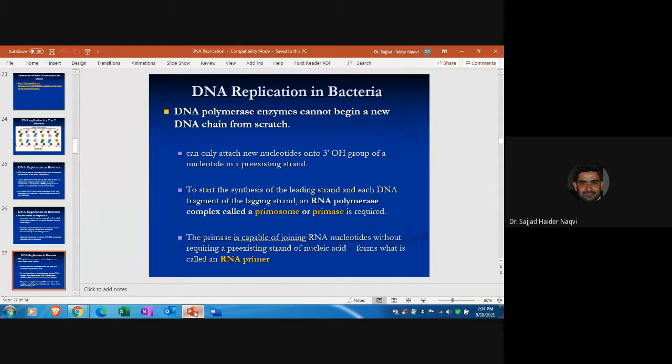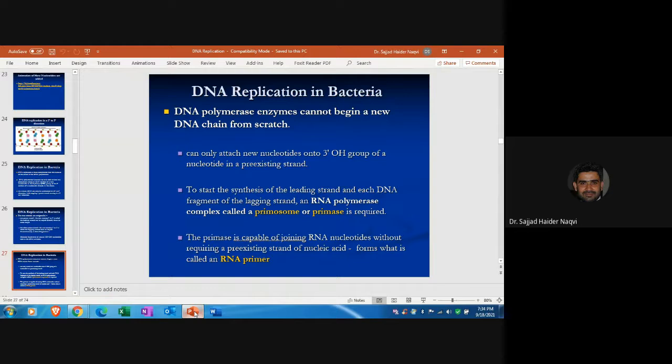Now that enzyme is very much similar in its role to the DNA polymerase, but it's called RNA polymerase because it's going to synthesize a small fragment of nucleotides, which I'm calling primer. So RNA polymerase is the one which is playing an important role in this case.